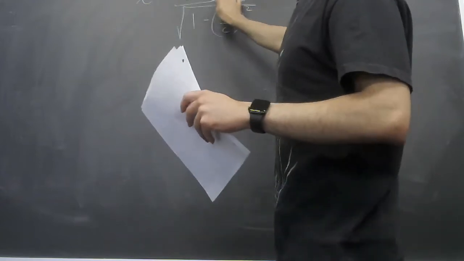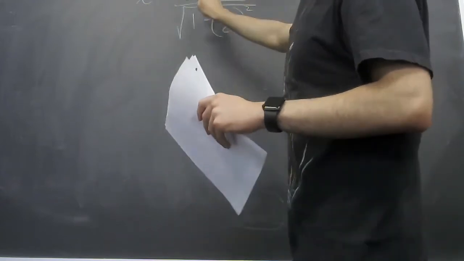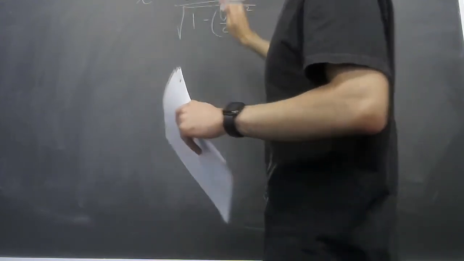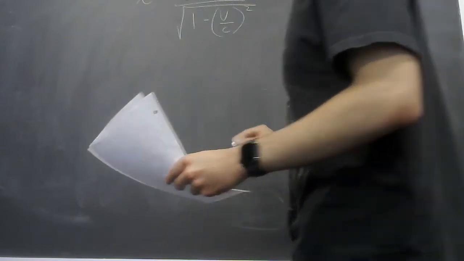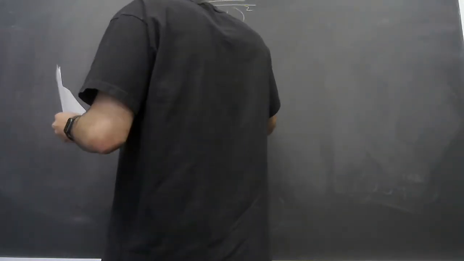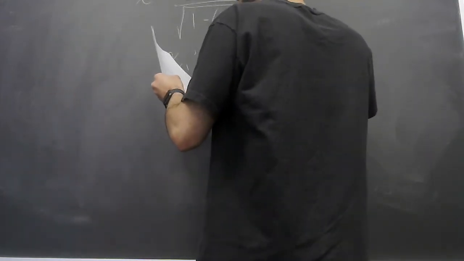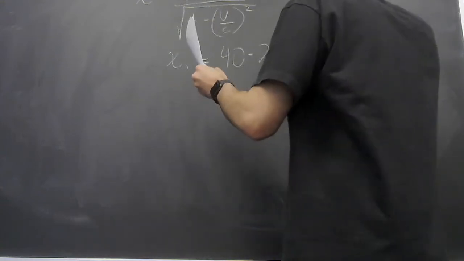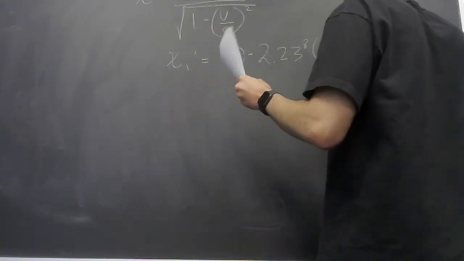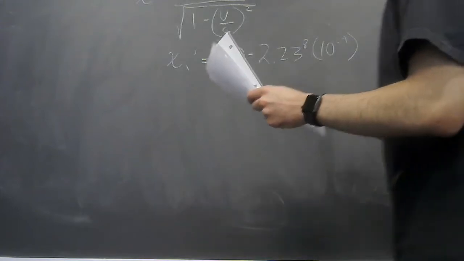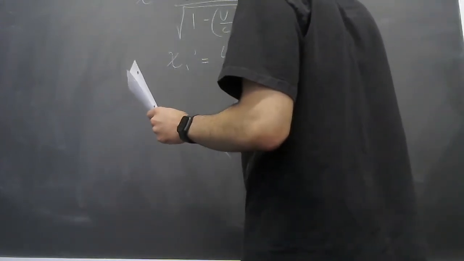We have the scenarios for both 1 and 2. For both of those, we have the x1 and t1 and the x2 and t2 given to us in the question. So now essentially all we need to do is solve for our x1 prime, which will be equal to, plugging in the values they gave us, 40 minus 2.23 times 10 to the 8 times 10 to the minus 9, so that's 10 nanoseconds, and then divided by the square root.